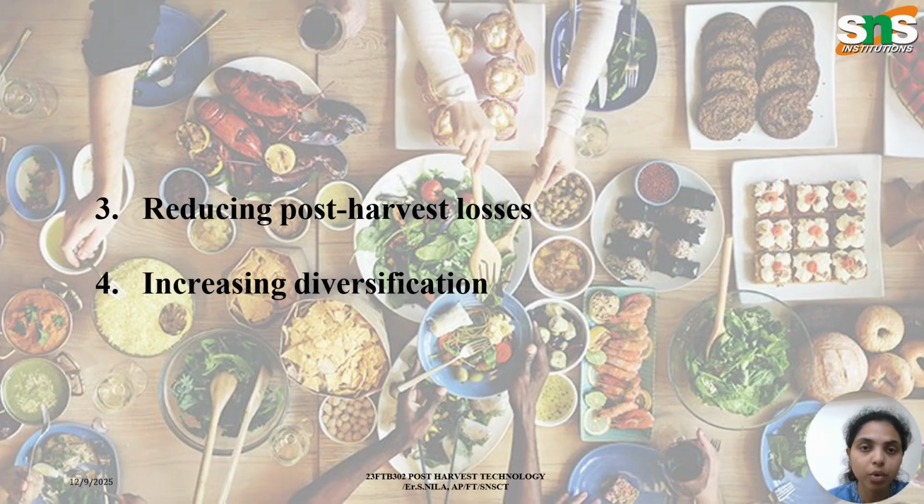Growing diverse and high demand crops increases the market opportunities and market values, and also the income for farmers. And integrated farming, so combining crops with livestock provides organic inputs, extra income, and diversified food sources, making systems more resilient.